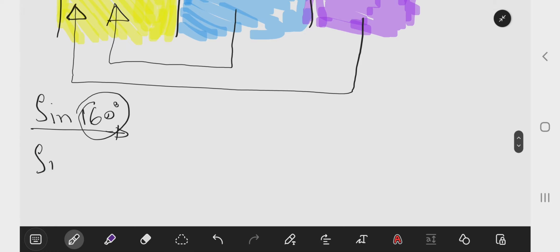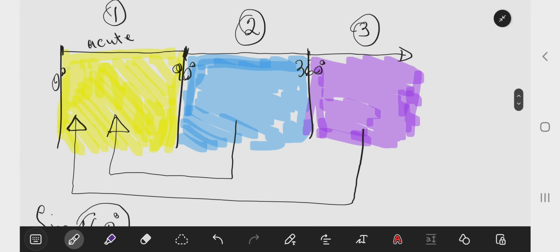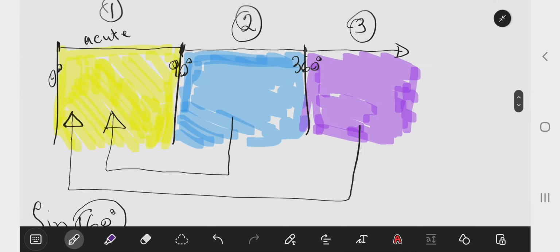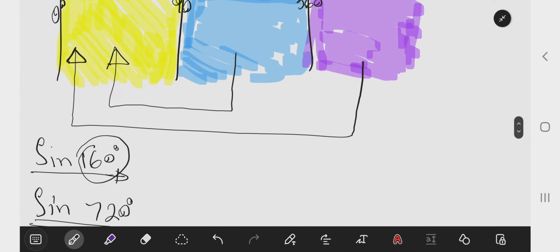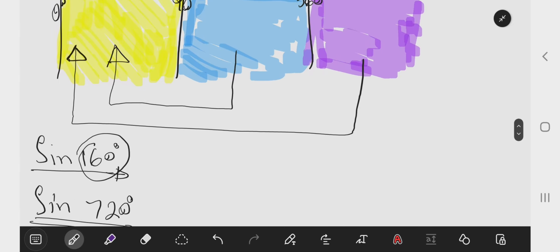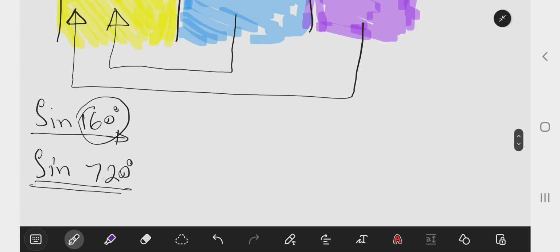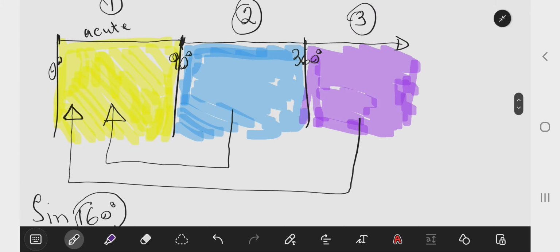And then another example, let's say you have sine 720. You can see that 720 is not in the first region, which is 0 to 90, right? 720 is in region number 3, which is 360 and above, because 720 is above 360 degrees. So you have to find a way of taking that 720 degrees to the first region, which is from 0 to 90 degrees, right?